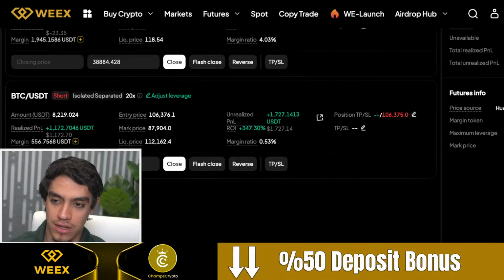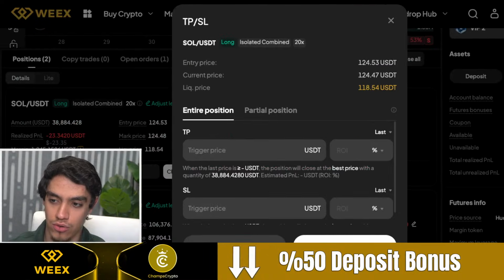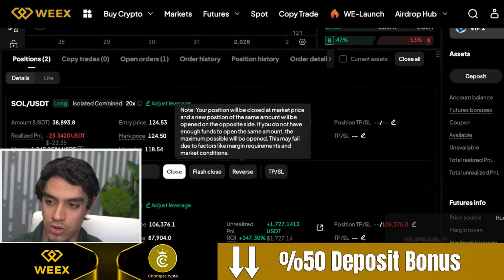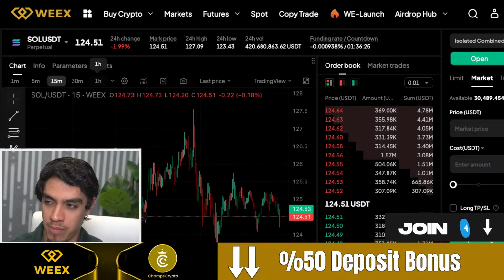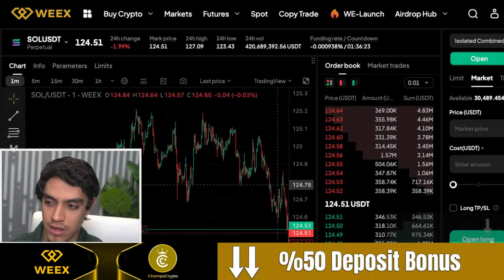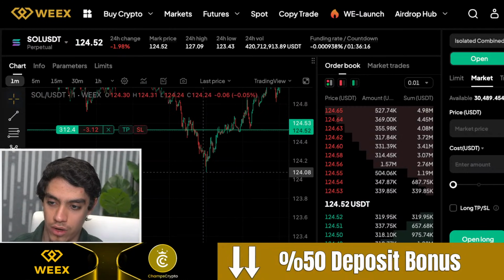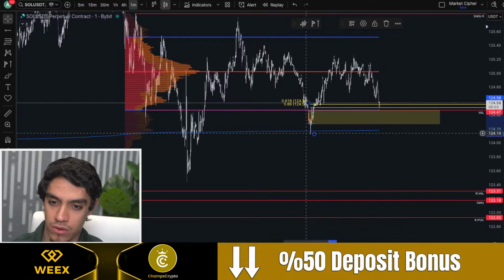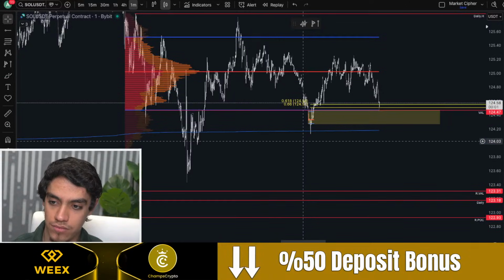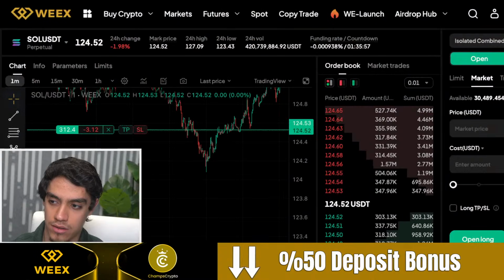124.18. Guys, please understand that is a scalp, so don't go crazy. I also want to check where the low is here on the minute time frame. The low is at 124.13, so a bit higher than the low.